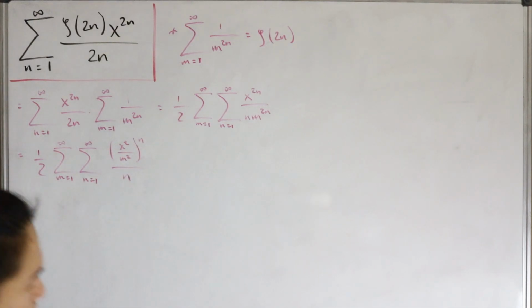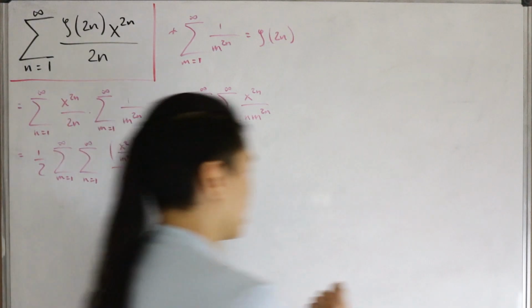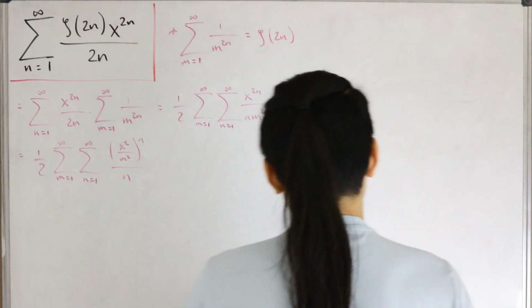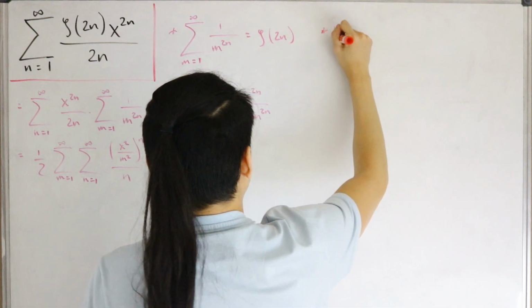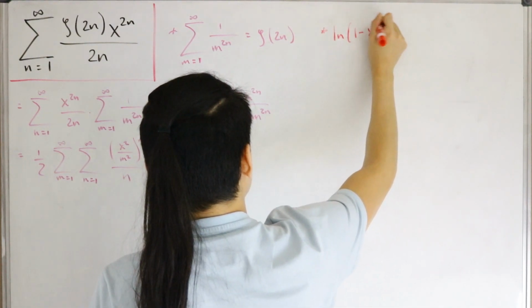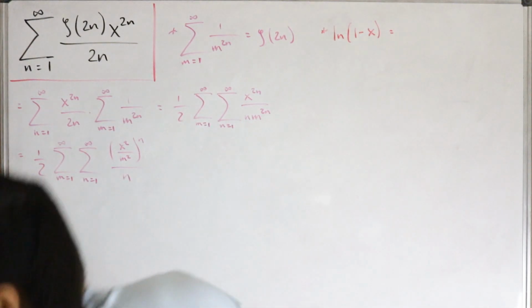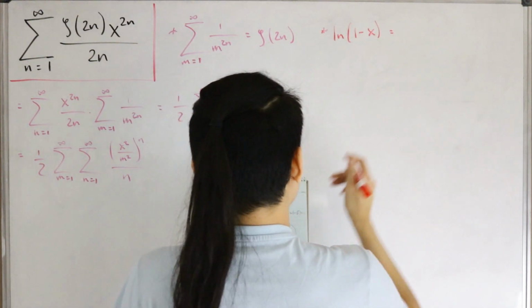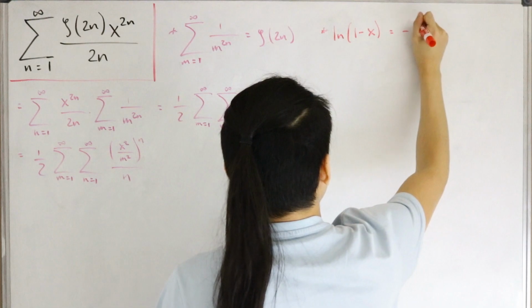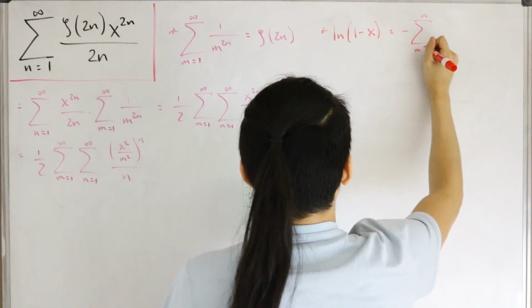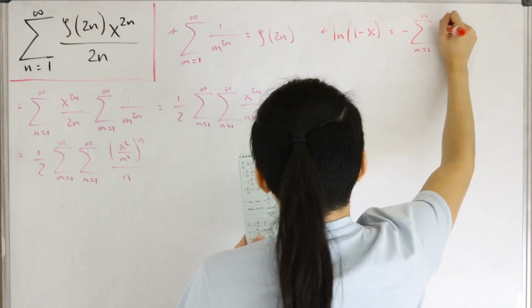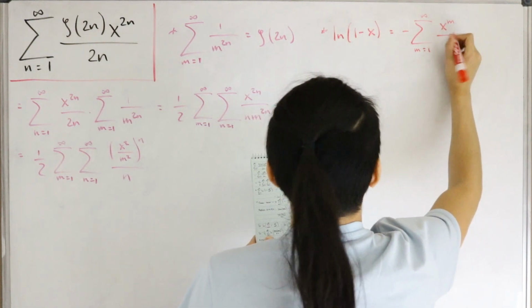What's great is that we can utilize a nice series expansion of the following function. Specifically, the natural log of 1 minus x is going to equal negative the infinite sum starting at m equals 1 of x to the power m divided by m.